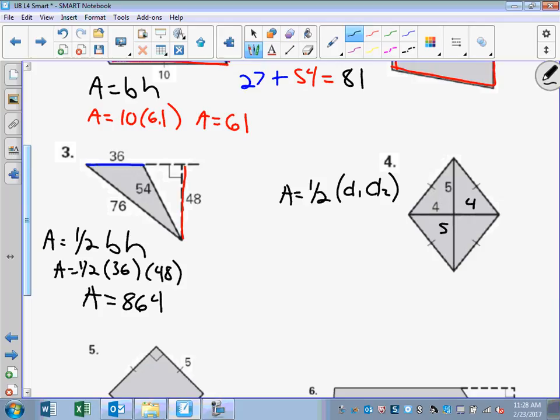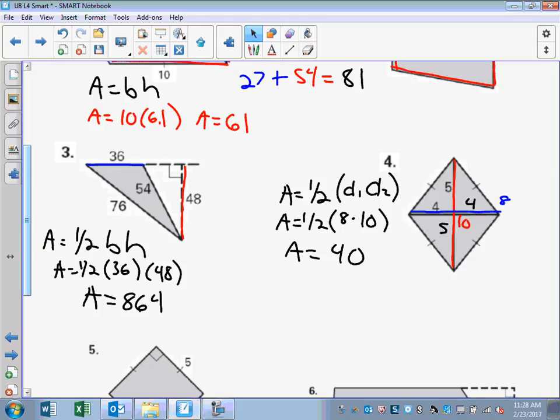So total for diagonal 1 or 2, it doesn't matter, we got 10. And then for the other diagonal, we have 8. So the formula is going to be area equals 1/2 8 times 10, which is 40. And that's all you need to do for number 4.